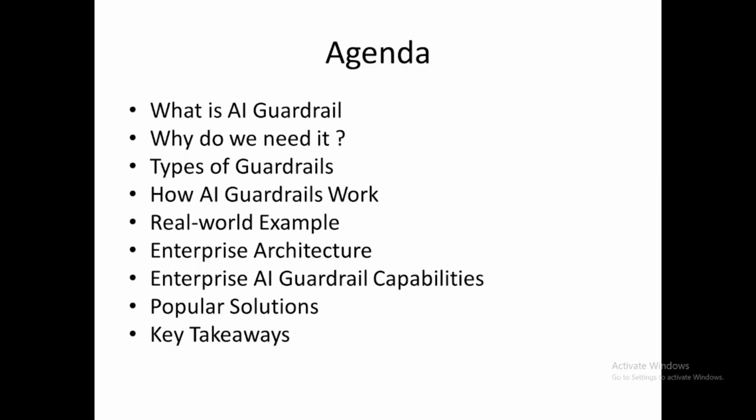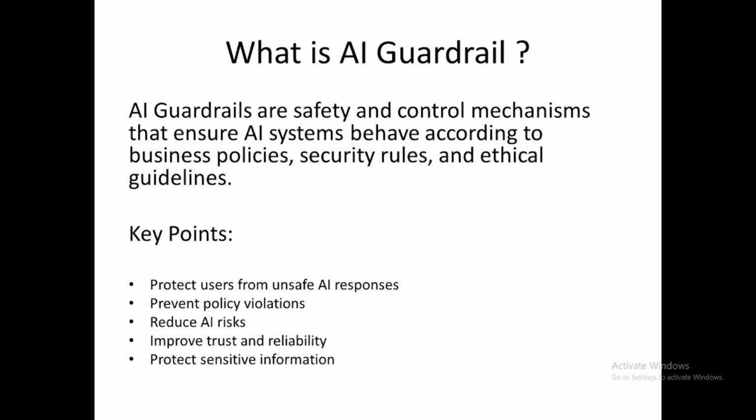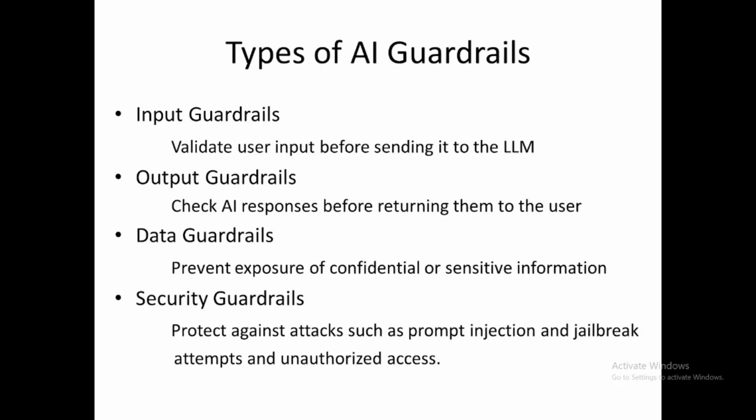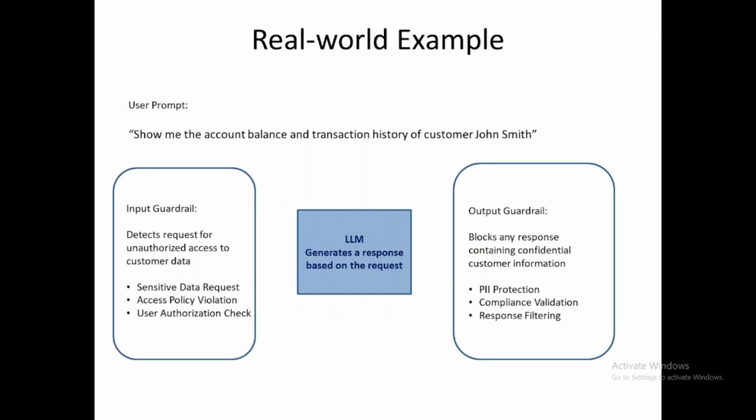Let me ask you a simple question. Imagine you are chatting with an AI assistant in your banking application. So, what will happen? Guess? Yes. So let's start with an example.